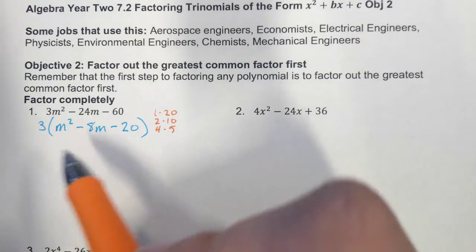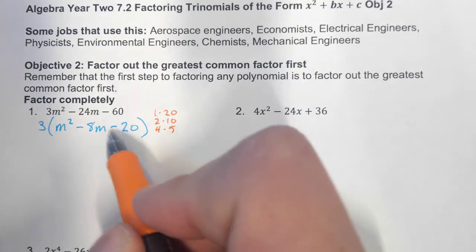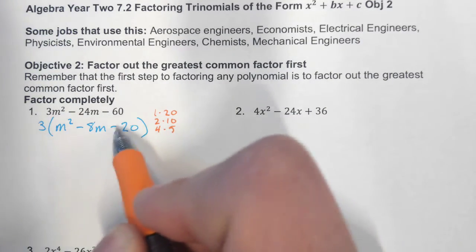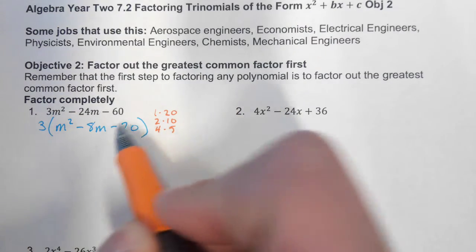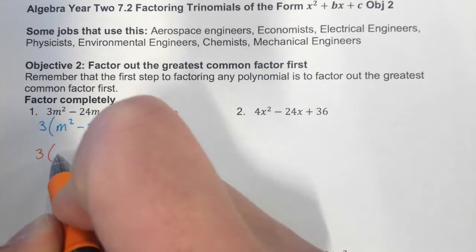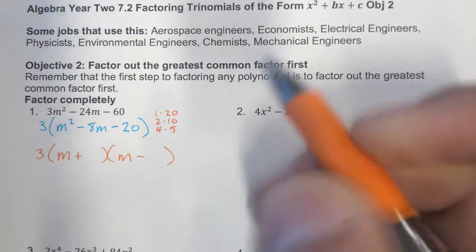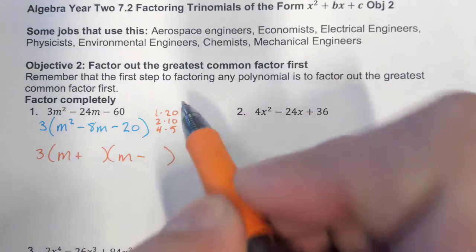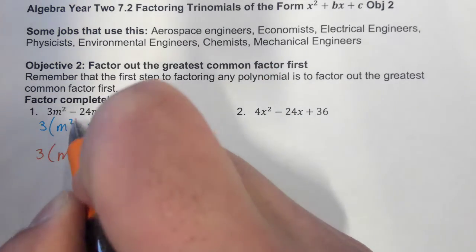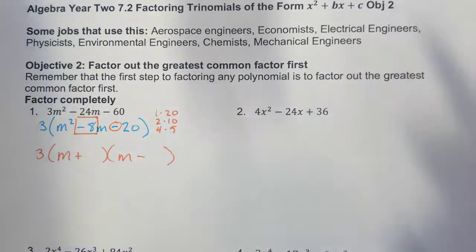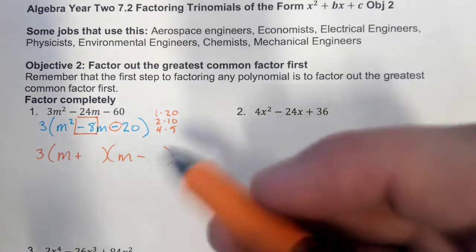Remember, our third sign designates what goes in our parentheses. Since our third sign is negative, in each parenthesis we're going to have 1 plus and 1 minus. And I am looking at the factors of 20 that subtract to negative 8.